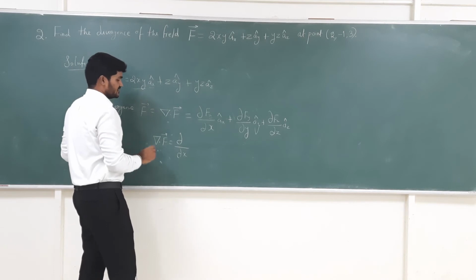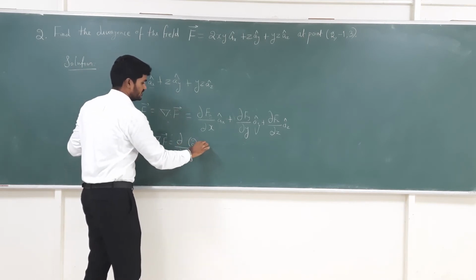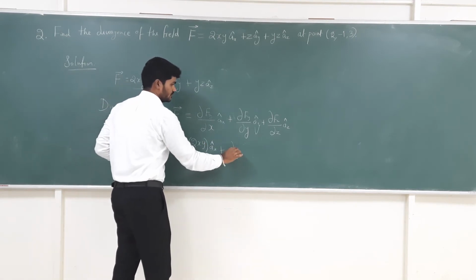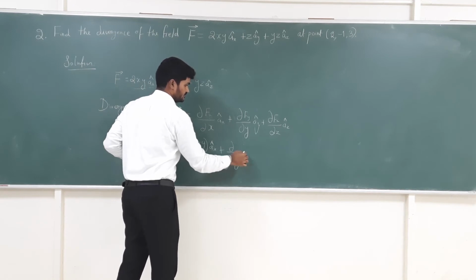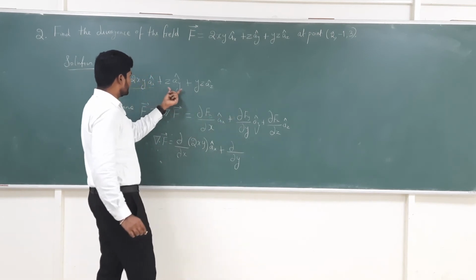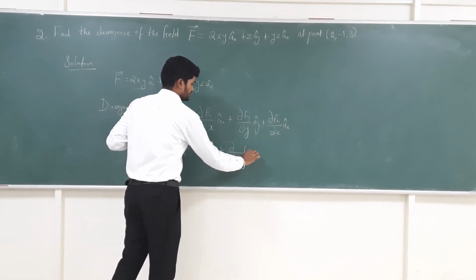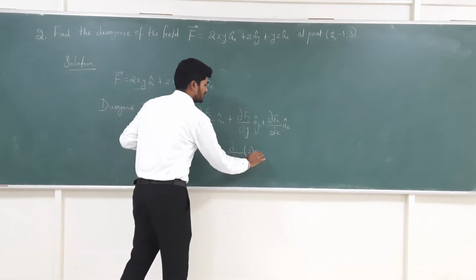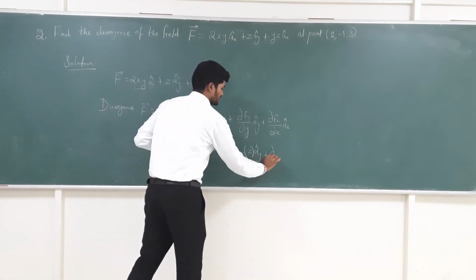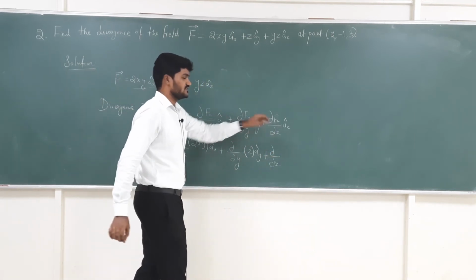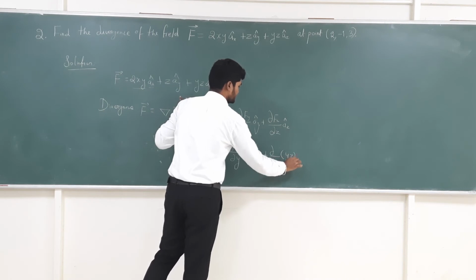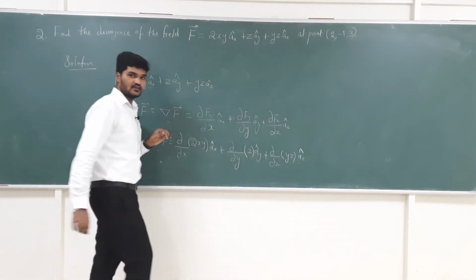This is the magnitude value of x direction, so substitute the value 2xy a_x cap plus ∂/∂y, and then similarly F_y, that is the magnitude value of y direction, so the magnitude value of y direction is z, and then a_y cap plus again ∂/∂z and then F_z, that means the magnitude value of z direction, yz a_z cap.